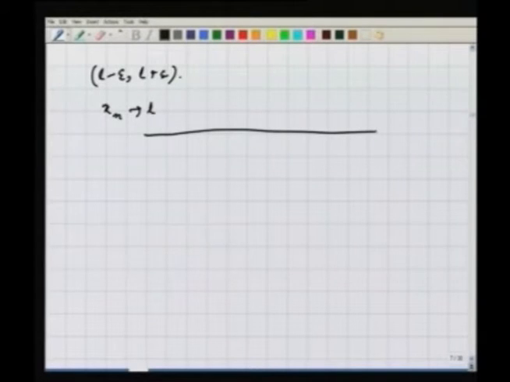Geometrically, it means just this: x n converges to L. Think about the real line first. This is your L, just choose any arbitrary interval around L. The definition says for any epsilon bigger than 0, and that gives the arbitrariness of the length of the interval. Just go on choosing any interval around L, whatever may be its width.